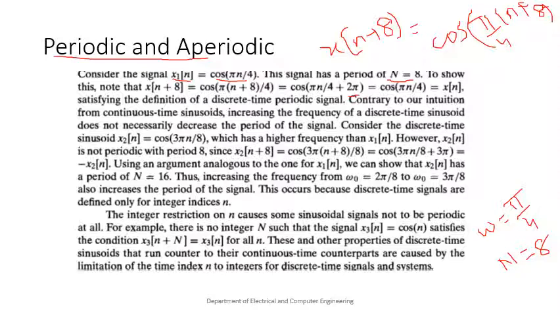We know that if there is addition of 2 pi, 4 pi, this is equal to cos of pi n by 4. So these two are equal, which means N equal to 8 is the period of this signal, satisfying the definition of discrete time periodicity. Now consider another example.